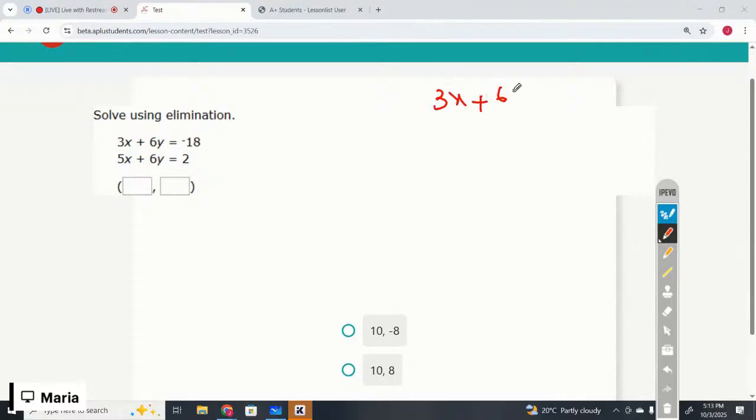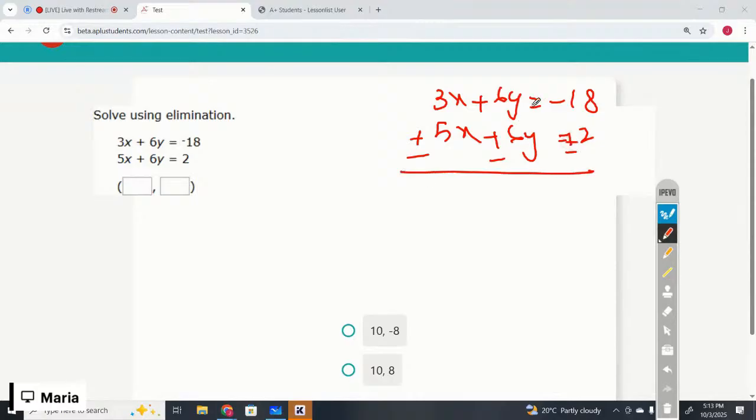So that is 3x plus 6y equals negative 18. 5x plus 6y equals 2. So let's just eliminate the variable y. So it would be negative 2x equals negative 20, so x equals 10. Now substitute x equals 10 in any of the equations and calculate the value.